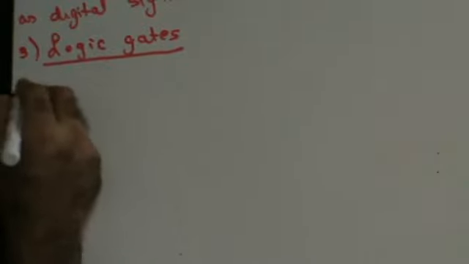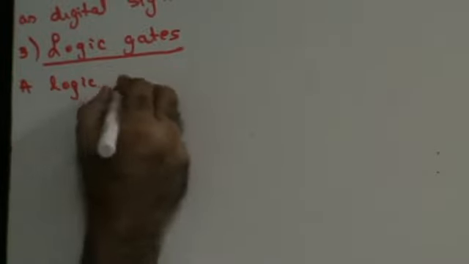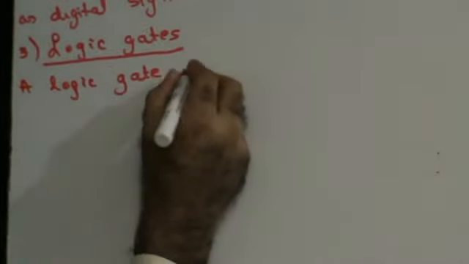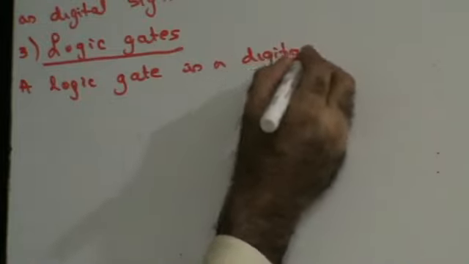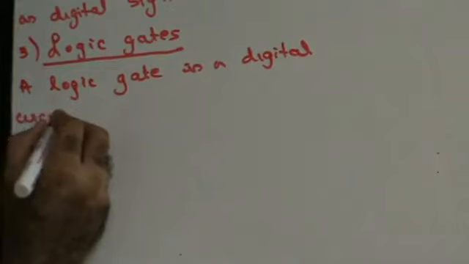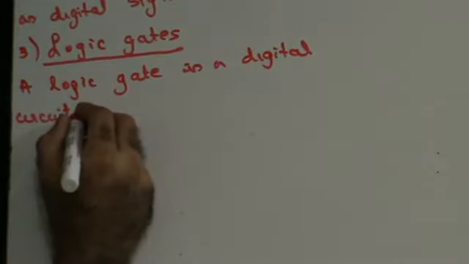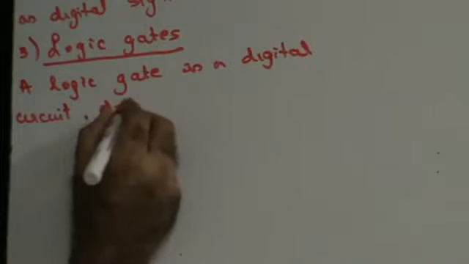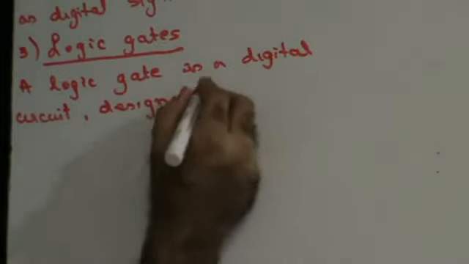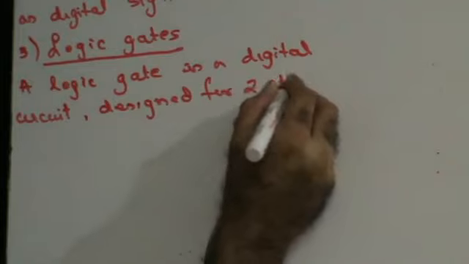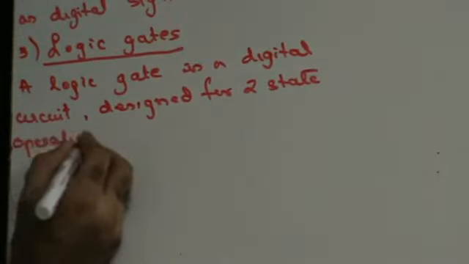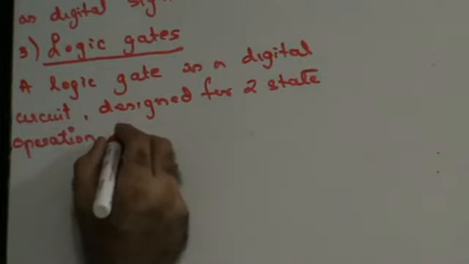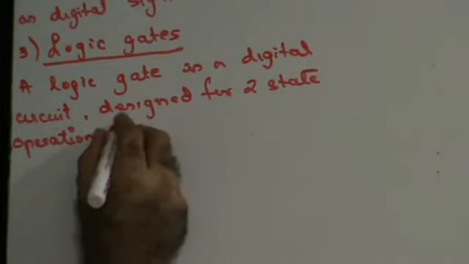A logic gate is a digital circuit designed for two-state operation. The output is either low or high.